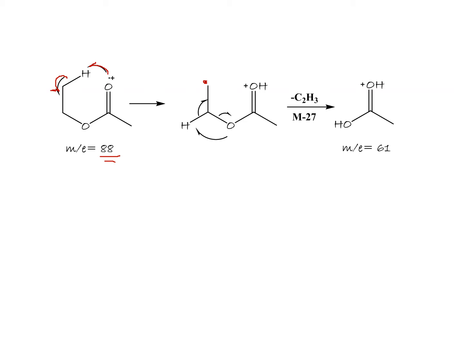Now the oxygen will go and get an H radical, and at the same time this bond will be cleaved, eliminating minus C2H3, and here a radical, minus 27, giving us a cation at 61.